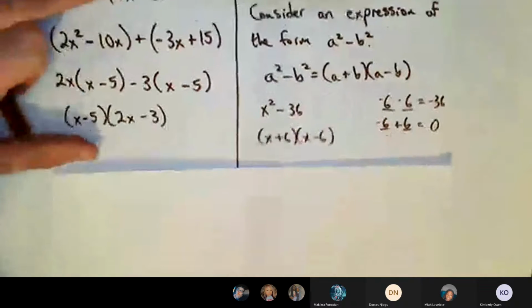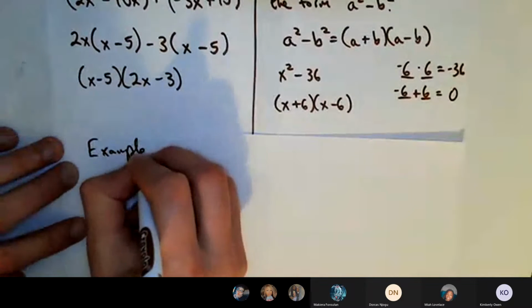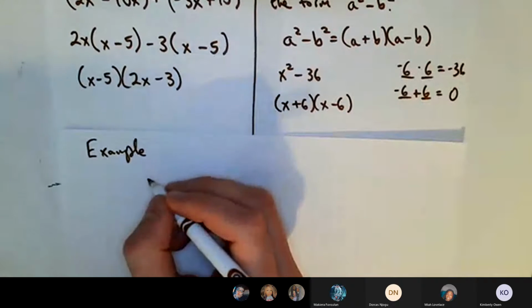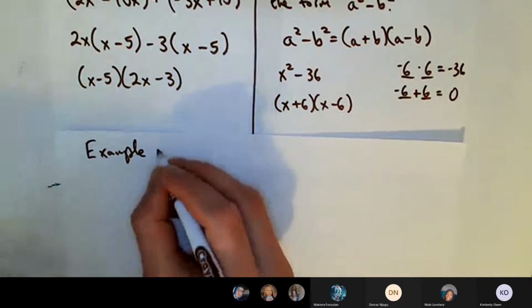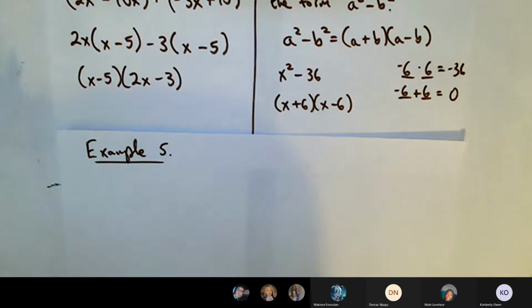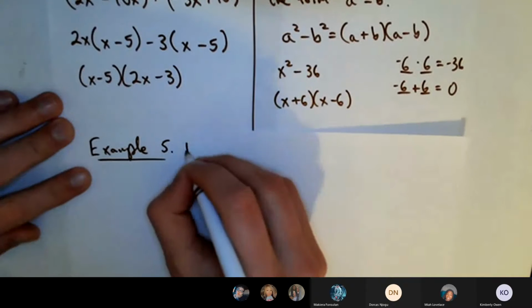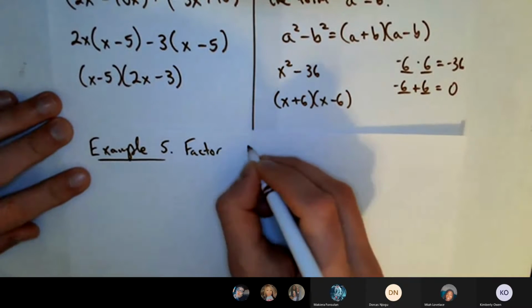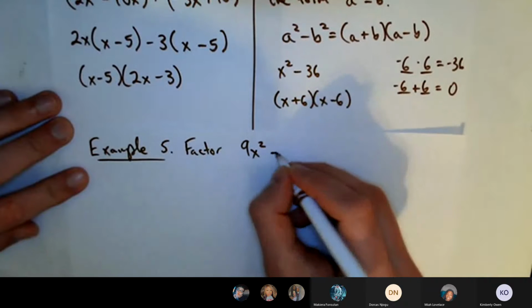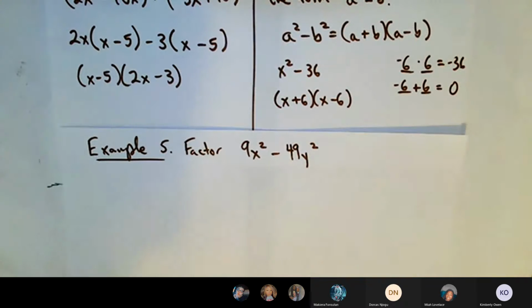So let's do a more difficult example. I think example 5, so this is in 0.6. Okay, so our example 5 is going to be to factor 9x squared minus 49y squared. So a bit more involved, but the point is they're both still perfect squares.